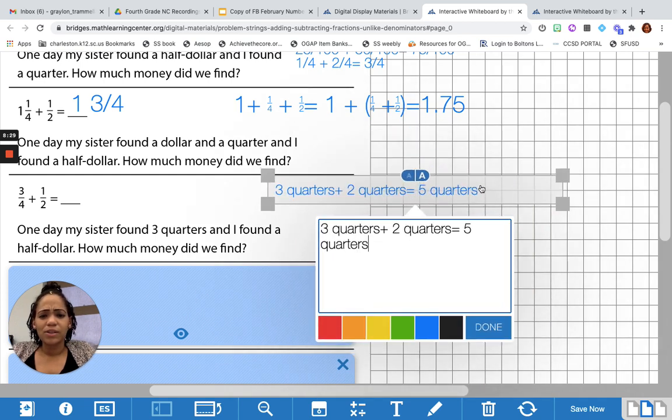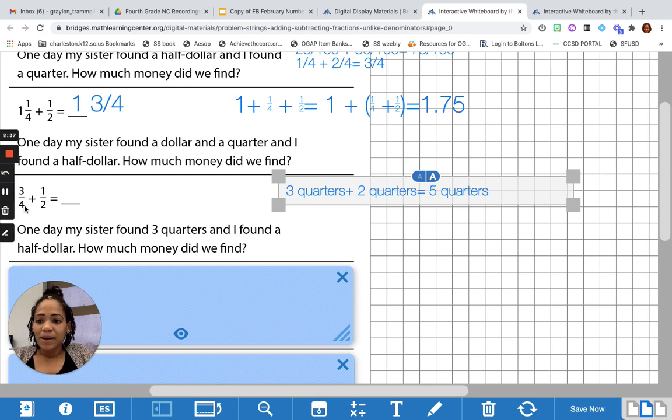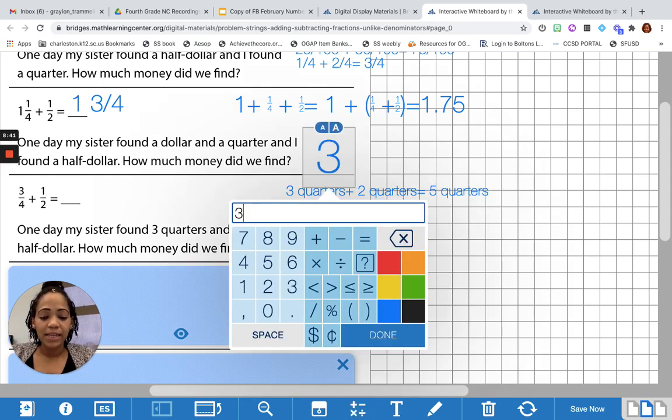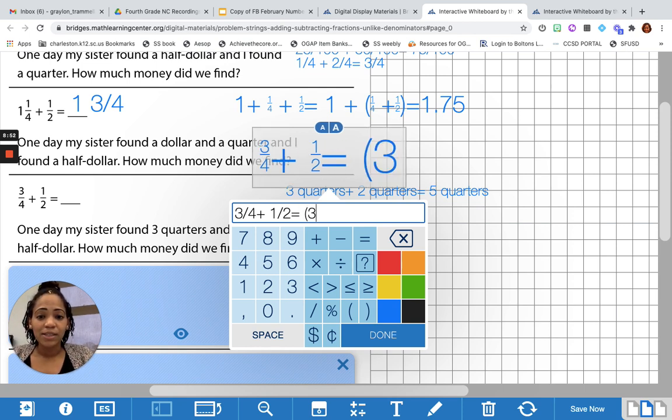There's another way you could solve it, though. What could you do? Did anybody think about 3/4 as 3 times 1/4? Isn't that what 3/4 is? We've been working on multiplying a whole number times a unit fraction. And so that's exactly what it is. It's 3 times 1/4.